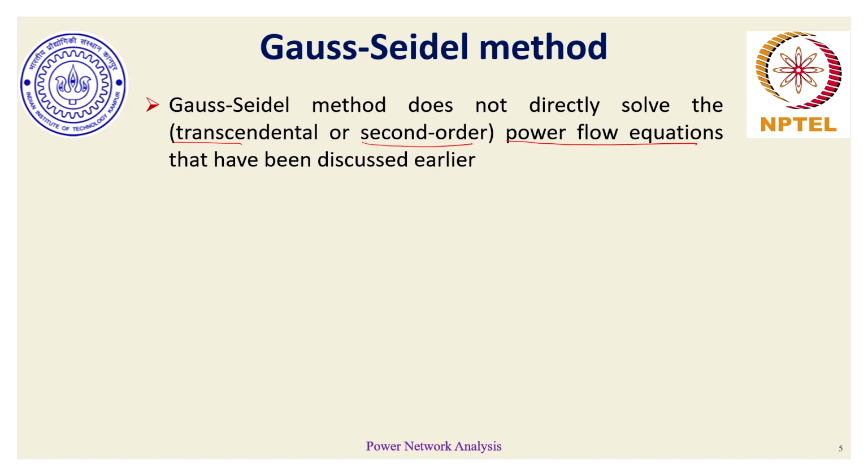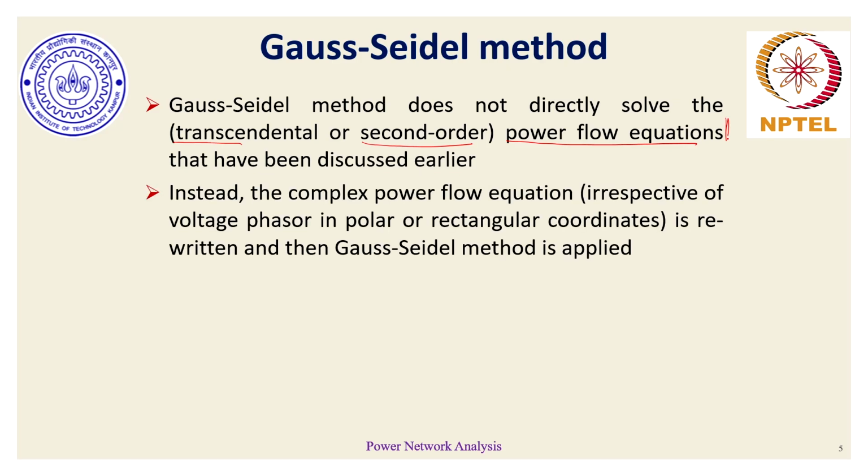In fact, it rearranges or tries to solve the entire equation in its complex form. Remember, when we were discussing these power flow equations, I had mentioned that often these equations are segregated into real and imaginary components, specifically the complex power injection equation, from where we get real equations, and there we can try to solve for real variables, where voltage magnitude and phase angle are again real variables.